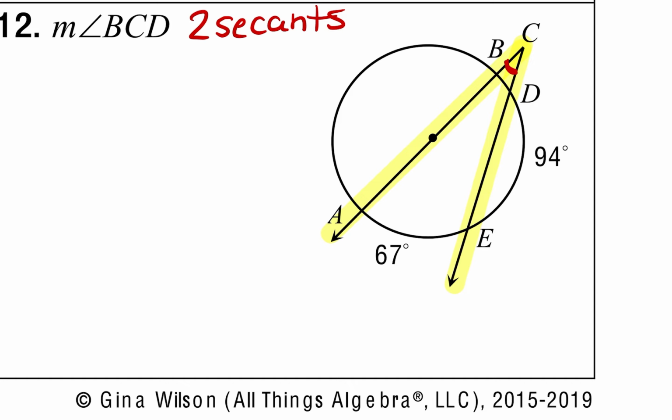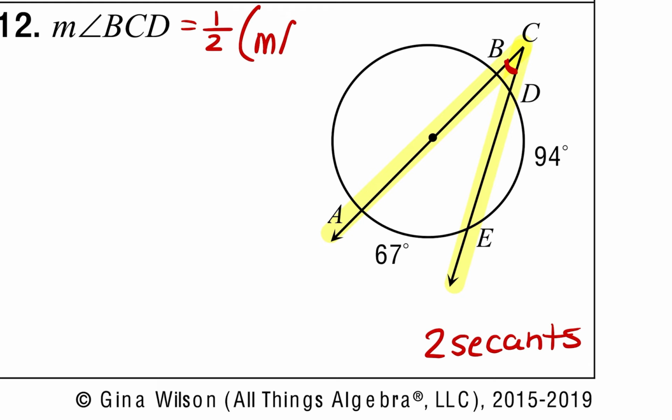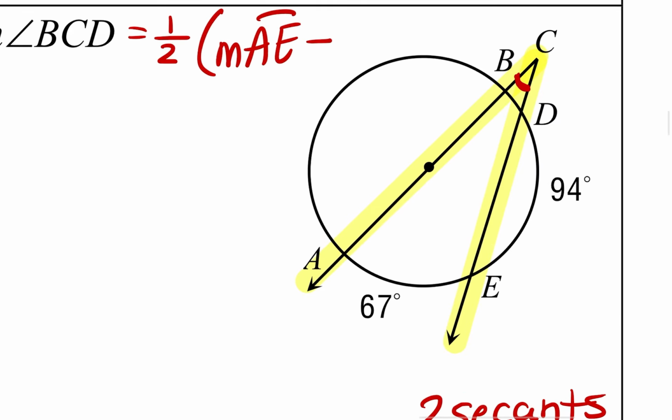Okay, so in order to solve this problem, going by what we've learned earlier, the measurement of this angle, you would have to take a half of the larger arc. So that's going to be arc AE minus the smaller arc.